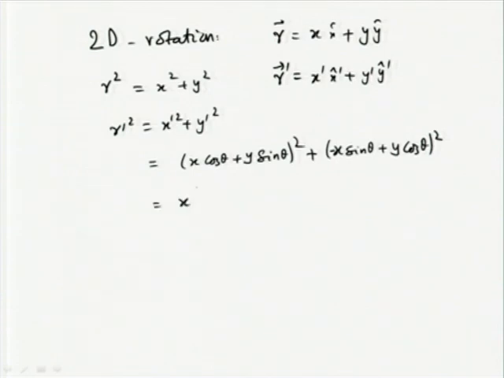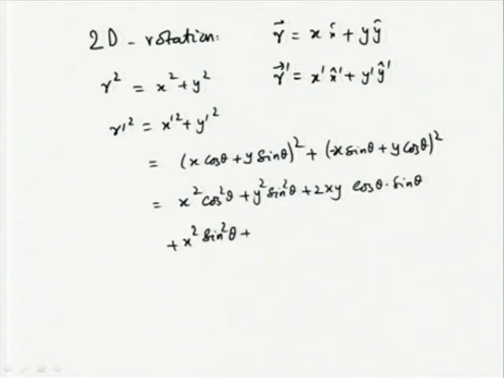This is equal to x square cos square theta plus y square sin square theta plus 2xy cos theta sin theta, plus x square sin square theta plus y square cos square theta minus 2xy cos theta sin theta, which adds up to x square plus y square.